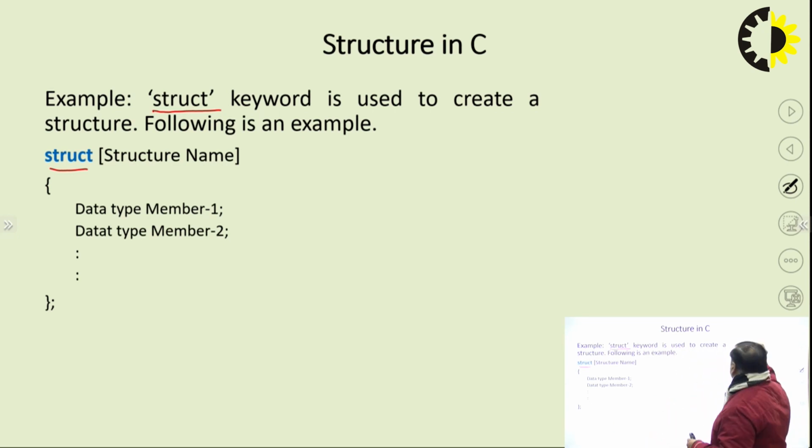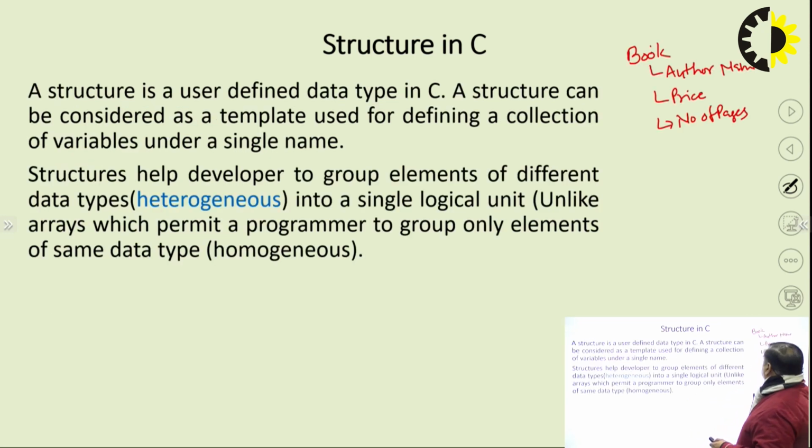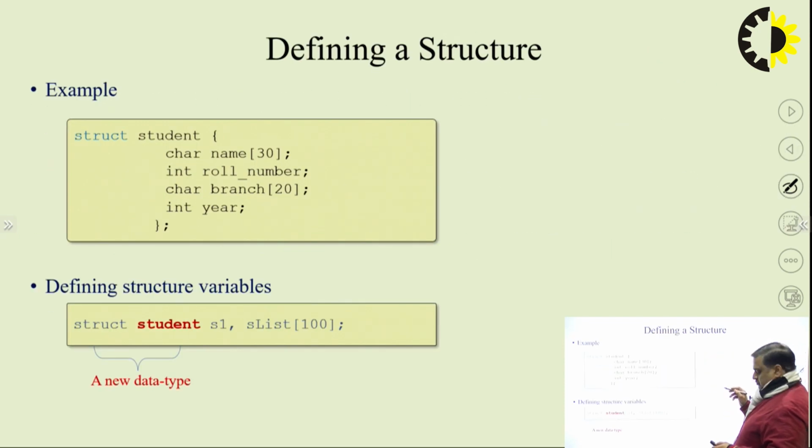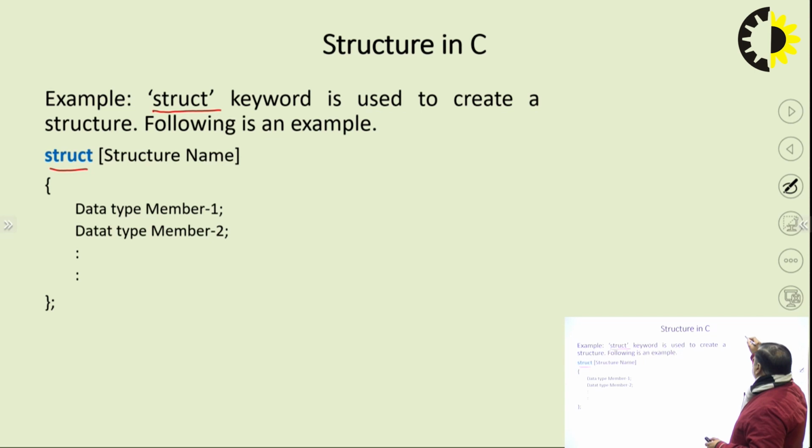So for the previous example of a book, if I want to write a structure for book, I can write struct book, and we can create the members we require.